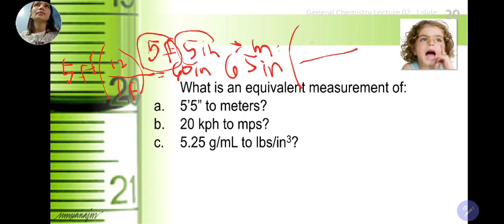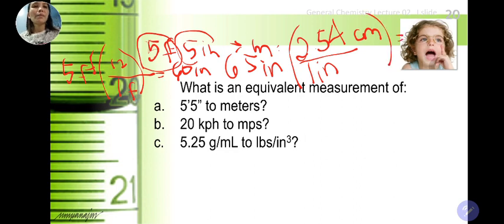So, 1 inch is equal to 2.54 centimeters. First, medyo mahaba-habang conversion to. 65 times 2.54. Kaya gamit na gamit talaga yung calculators natin.